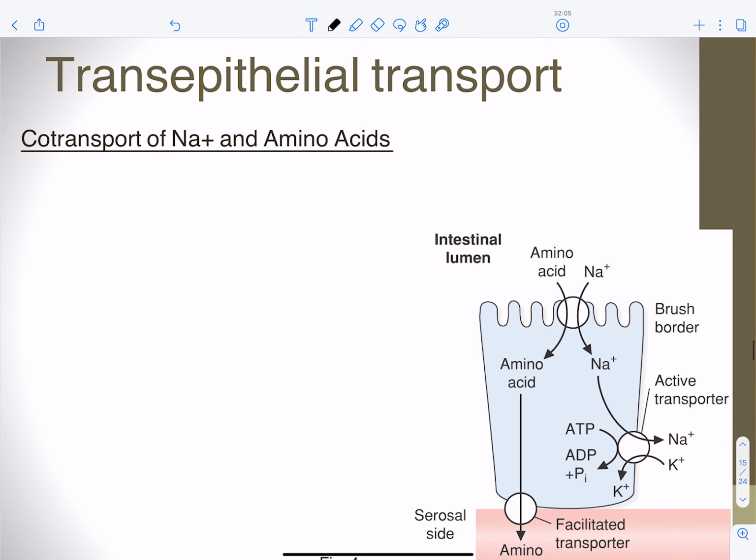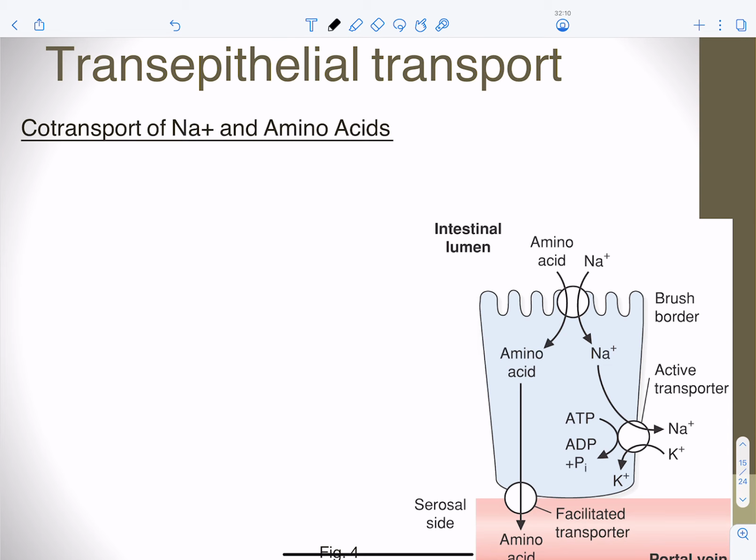Okay, so next up we have absorption of amino acids. So free amino acids and peptides that are 2 to 6 amino acids in length are going to be absorbed by your enterocytes, and usually this is by the proximal jejunum.